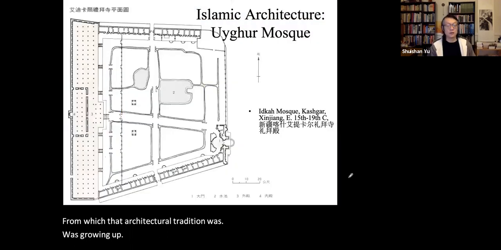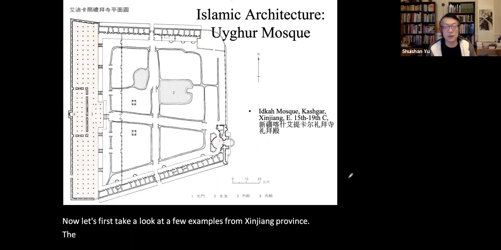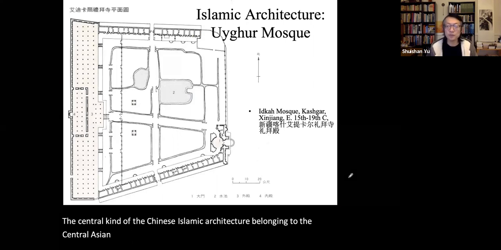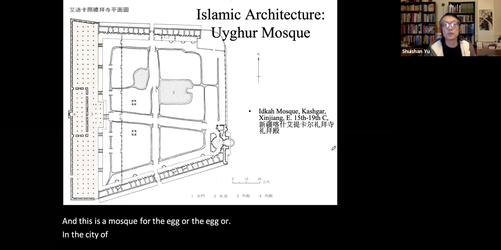Now let's first take a look at a few examples from Xinjiang province, the center of the Chinese Islamic architecture belonging to the Central Asian tradition. And this is a mosque for the Uyghur in the city of Kashgar in Xinjiang province, called the Id Kah Mosque.